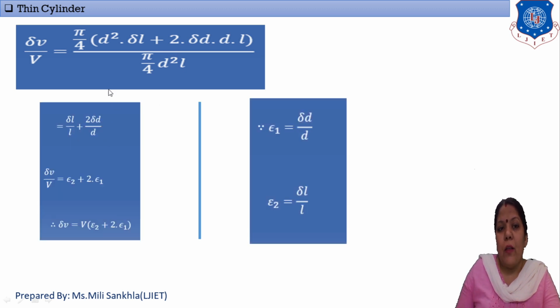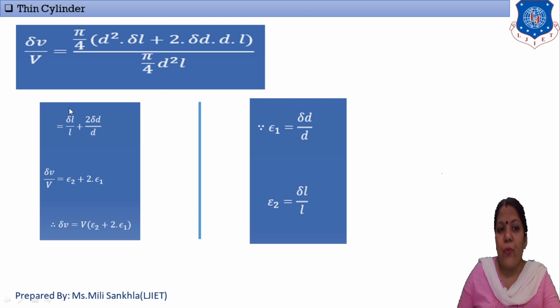Here π/4 is cancelled, d² is cancelled, and the first term is left with δL by L. Plus, again π/4 is cancelled, and in the second term d cancels and L cancels. Ultimately what is left is 2 δd by d.